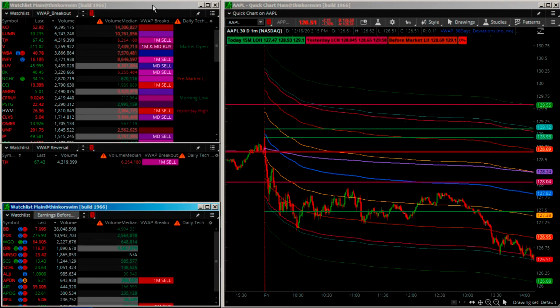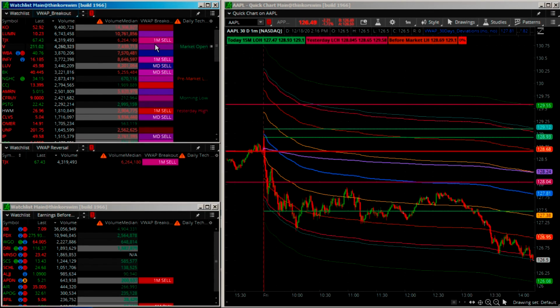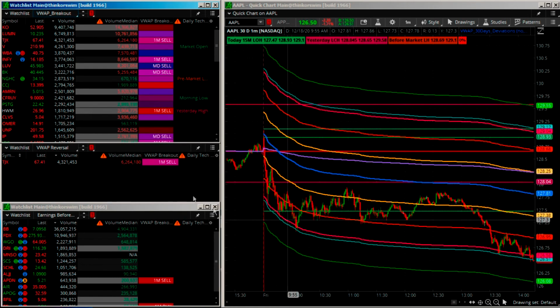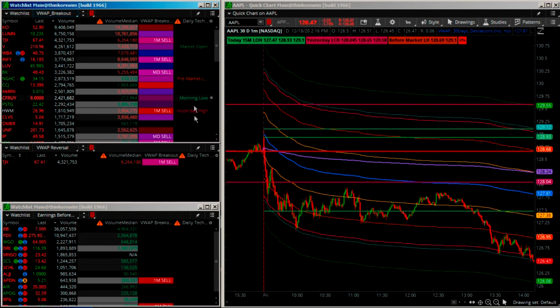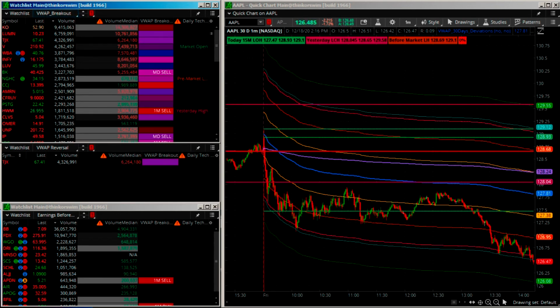The VWAP breakouts, which are all the VWAP breakout, VWAP reversals, VWAP positive, negative, and the column, and the daily technicals, which populate all these horizontal lines, and you get this column too, the daily technicals, that tells you when something is crossing one of them, and the scan lists.